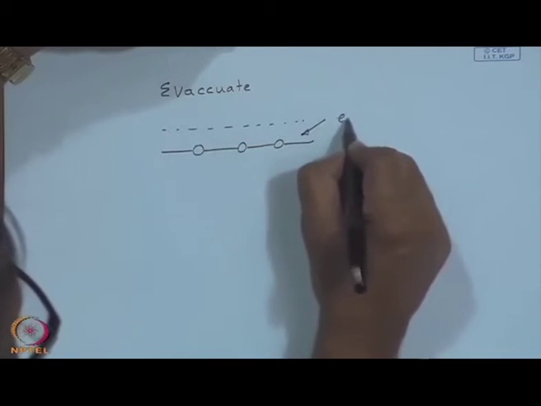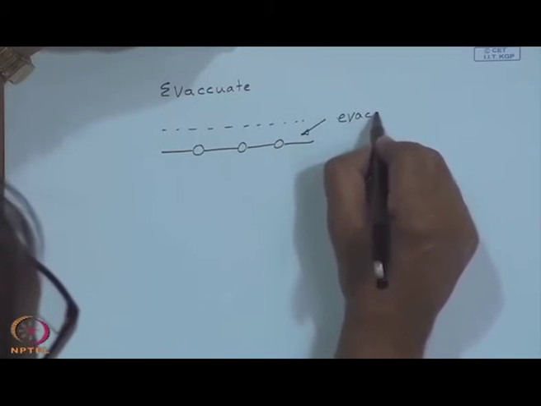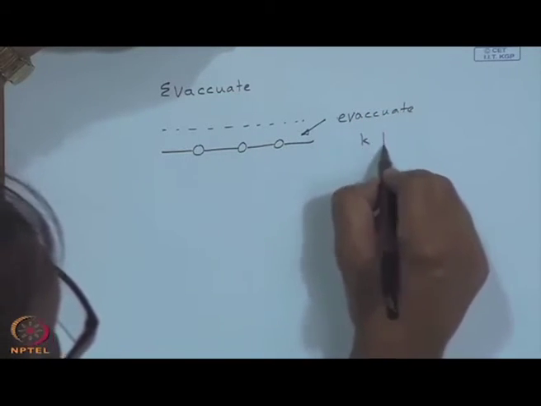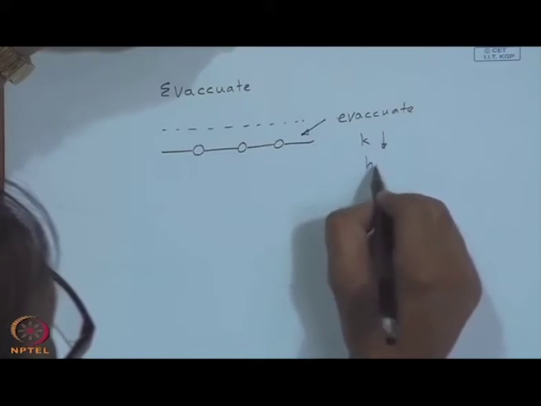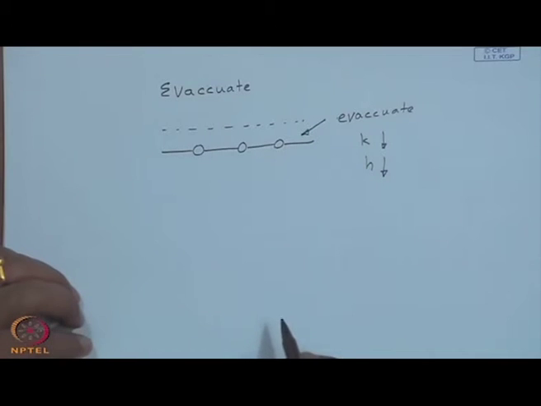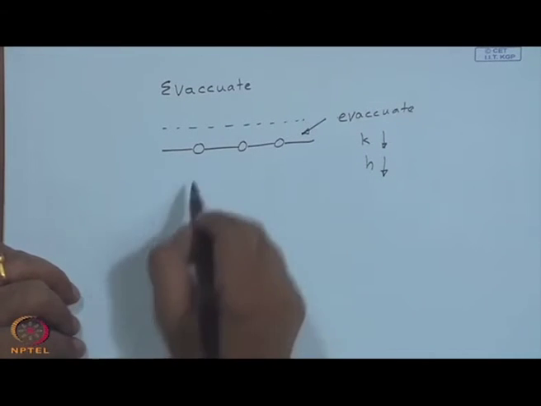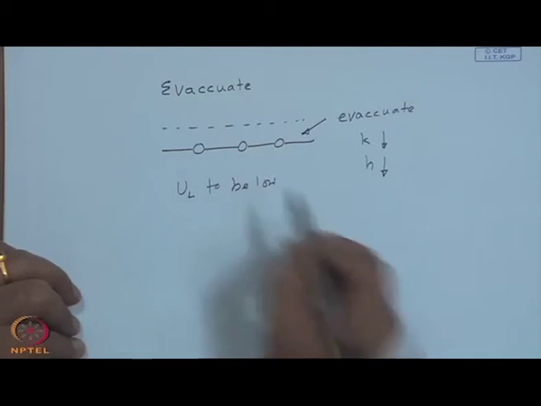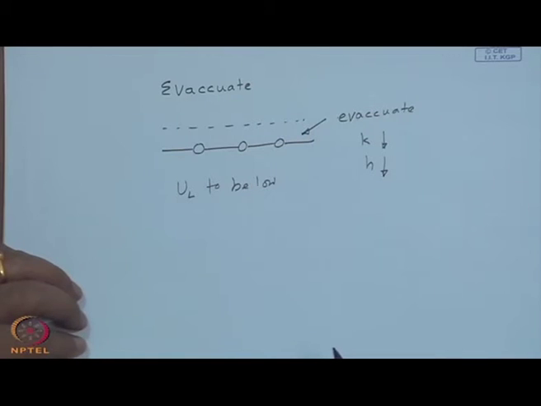So that K is extremely low. So, convective heat transfer coefficient is low. So, your heat loss will be low, thereby achieving UL to be low. So, this is one method.